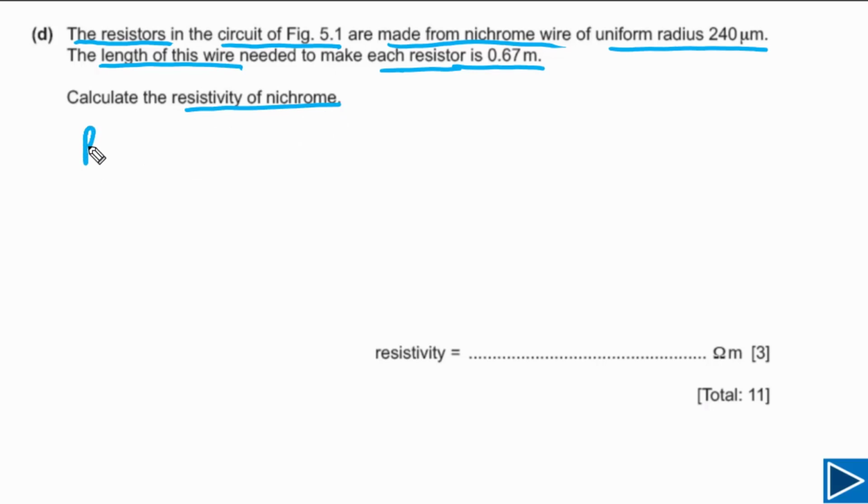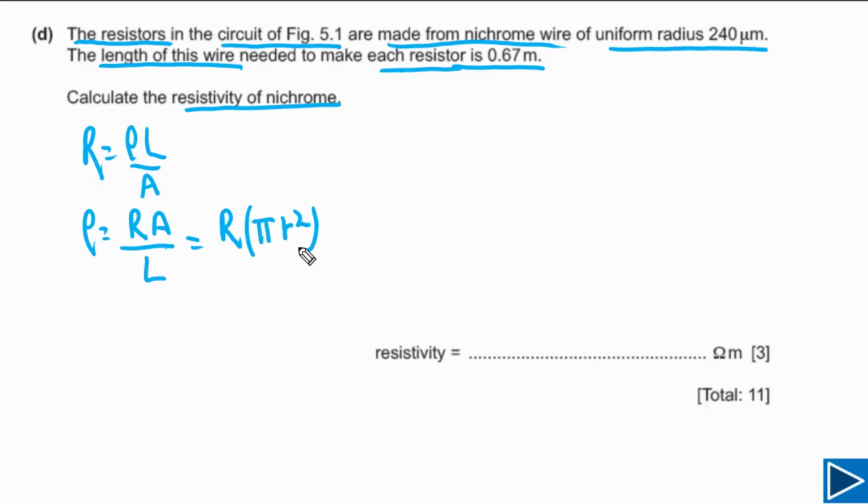So we can start from R is equal to rho L by A. We need to calculate resistivity, so we can rearrange this: rho is RA divided by L. A is the cross-sectional area of the wire, and L is the length of the wire. Now we need to plug in values.